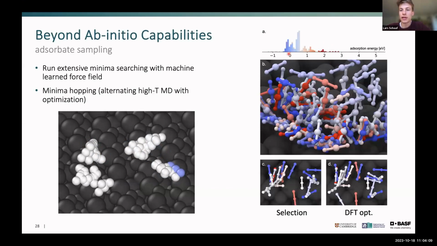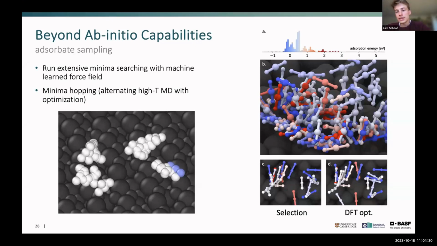And so you can see that some have negative adsorption energies and some have positive, but these are all local minima in the potential energy landscape. And just to make sure, these are actually minima also in the true DFT potential energy surface, we sub-selected a few of them and ran some expensive DFT optimization.